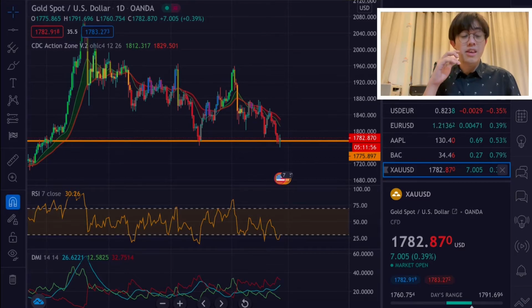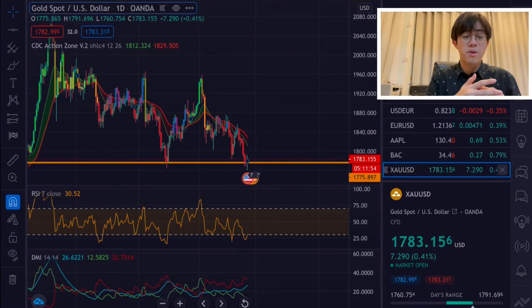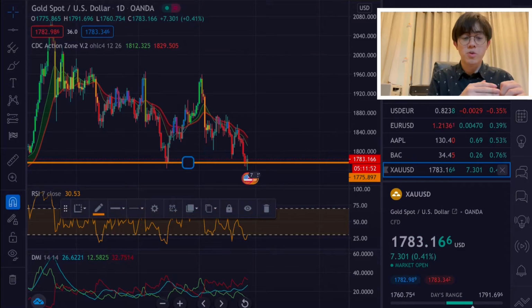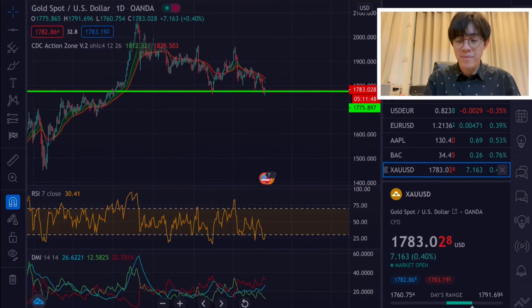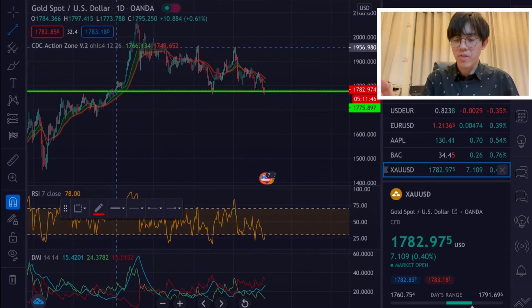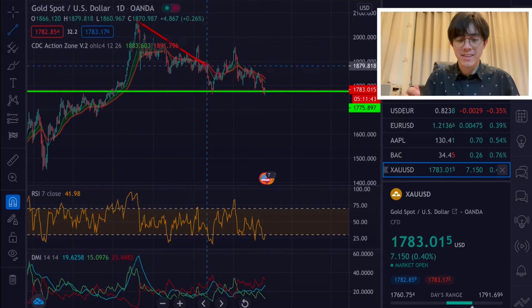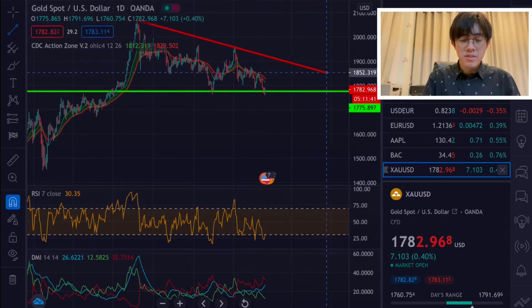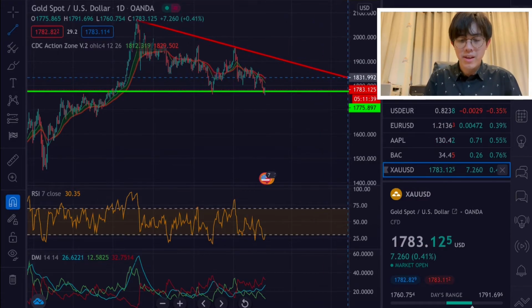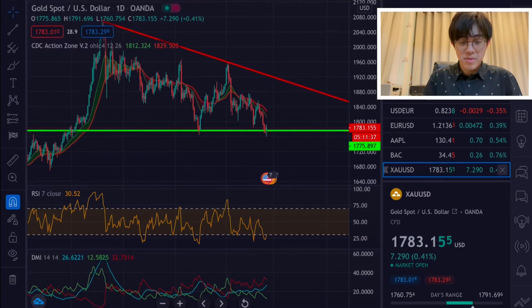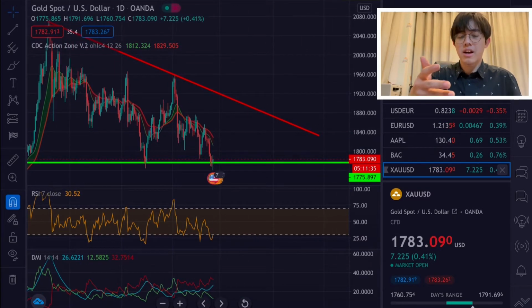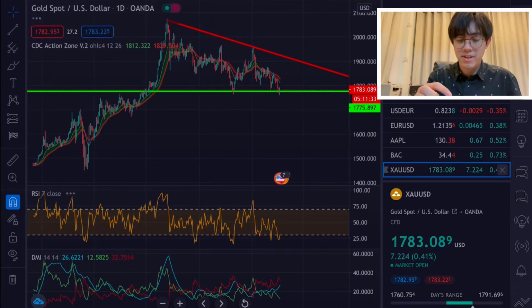The opposite occurs with gold. Gold is now reaching the supporting line here, at around 1780.